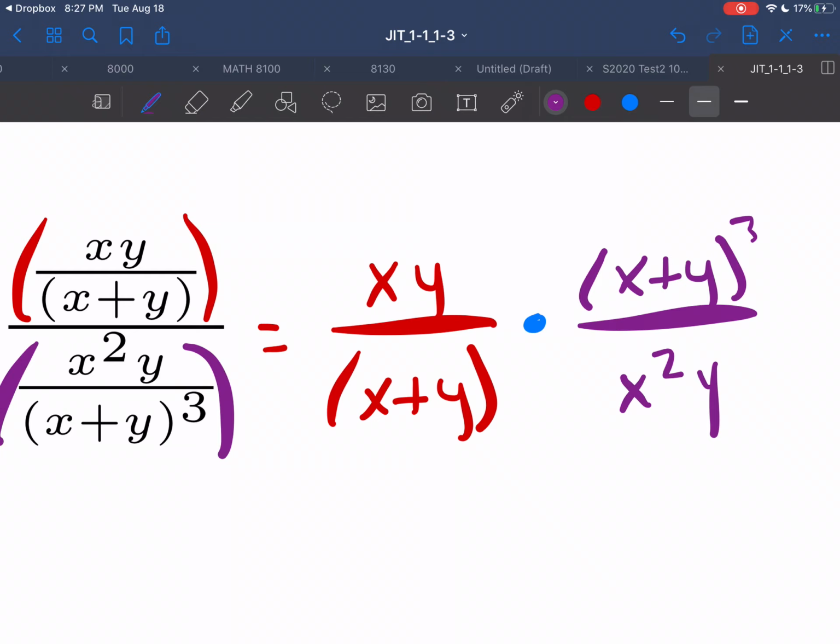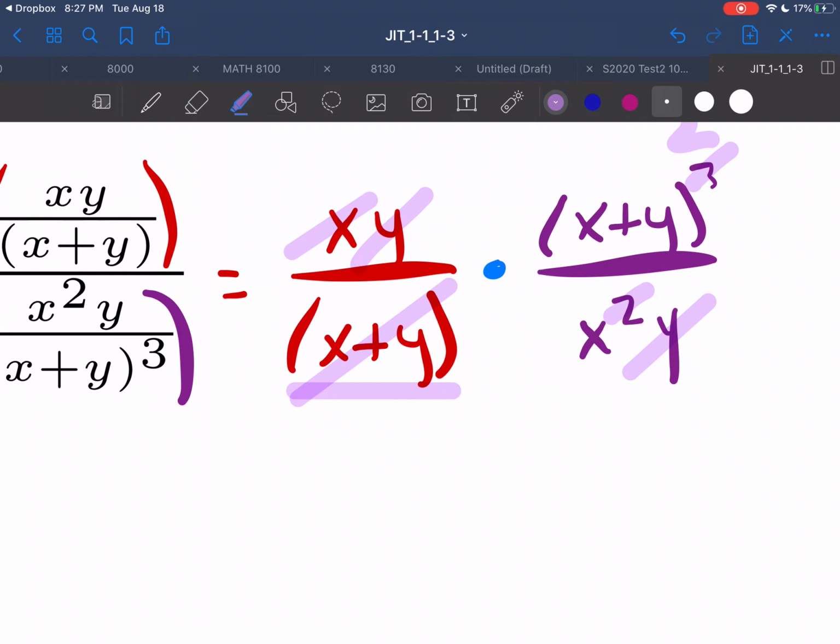Now, before I do anything else, I happen to notice I've got an x here and an x squared here. So I can simplify that, and that'll just become an x. I've got a y, that'll cancel. And I've got an x plus y and an x plus y cubed. So I can cancel that, and this becomes an x plus y squared.